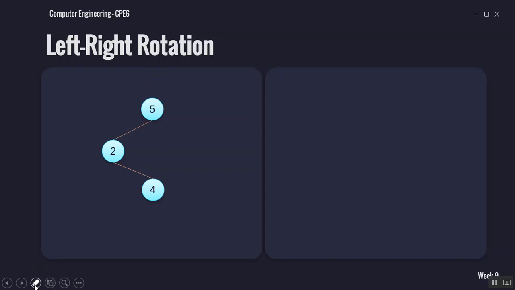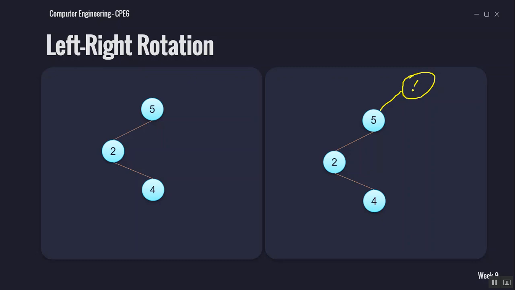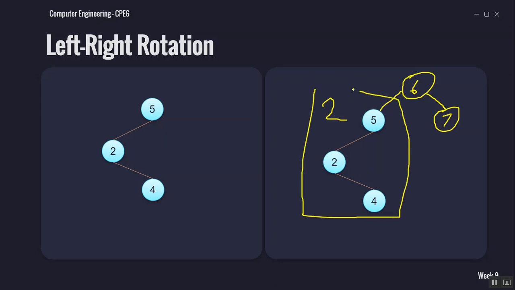So let's try this one. If we have this tree, we need to perform a left-right rotation. Suppose we have another node here, which is the root node, let's say 6, and then a single node, which is 7. The height of this tree is 2, from the deepest node, 1, 2.